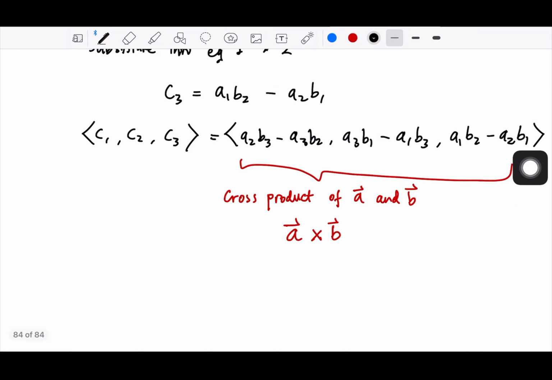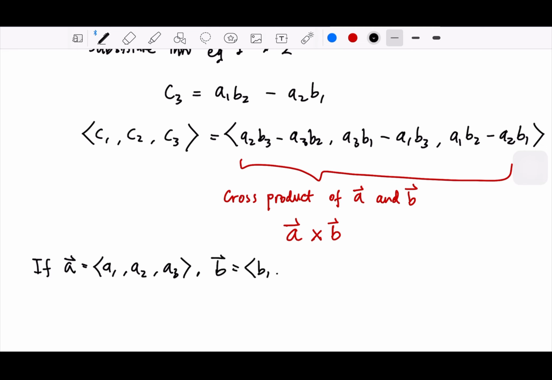So as in definition, if A is A1, A2, A3 and vector B is B1, B2, B3, then A cross B is A2 B3 minus A3 B2 and so on.